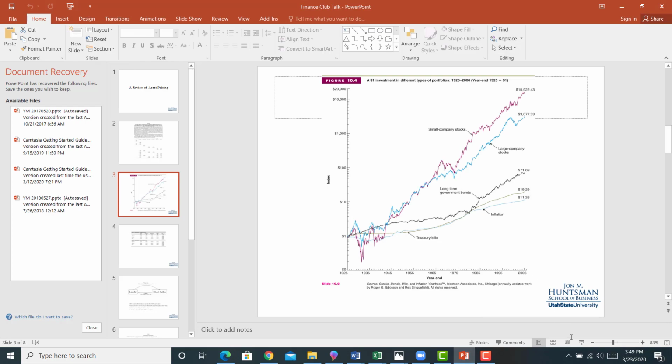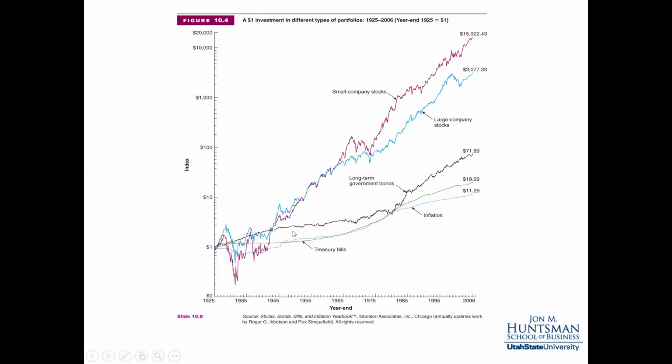First, let me provide you some information here that might be useful. This is a graph, I've probably shown this in class, from 1925 till 2007. This is an old graph. Sorry, I should probably update this, but whatever. The blue line represents if you had invested in the S&P 500, or at least the 500 largest stocks, in 1925, you invested $1. What would that be worth in 2007? Likewise, if you had invested $1 in this purple line, which is the S&P 600 or the 600 smallest stocks, what would that $1 be worth?